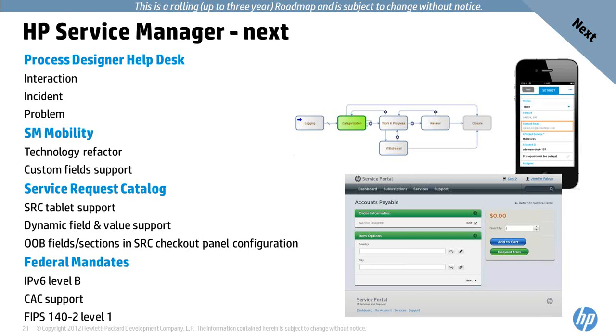We're also going to have the SRC run on tablets, both Android and iPads. And then lastly, mostly for U.S. federal government or generally speaking government customers, we're adding a number of federal mandates, so the support of IPv6, CAC, that's the authorization cards, and then the FIPS 140-2, the encryption alignments. So that's what is coming in the next version.